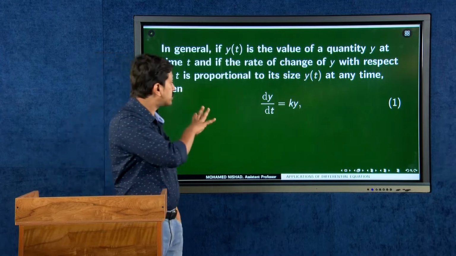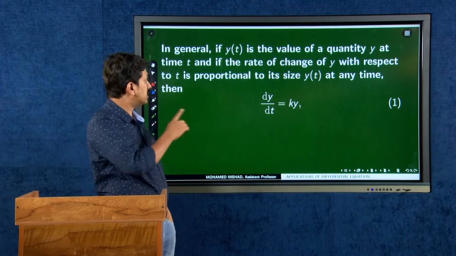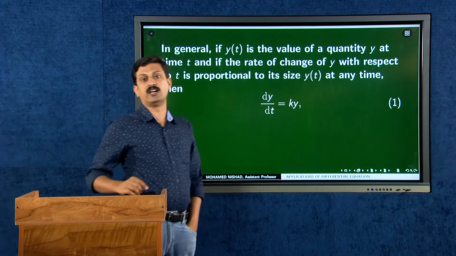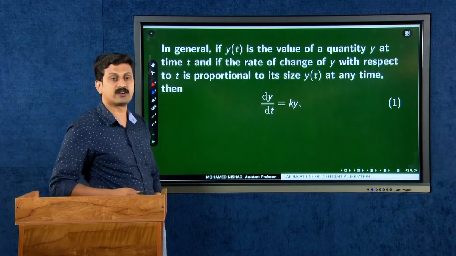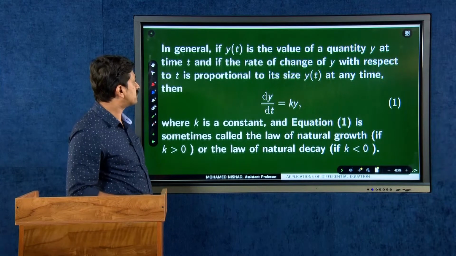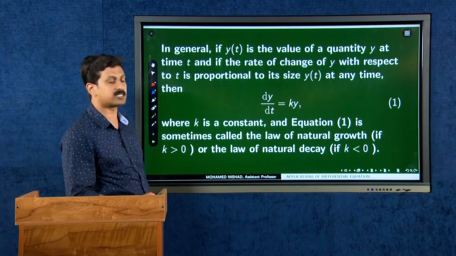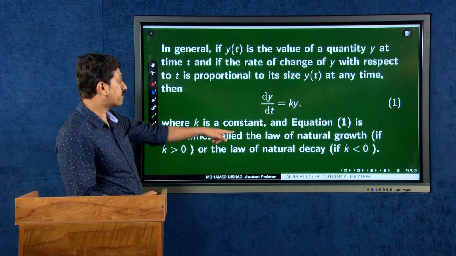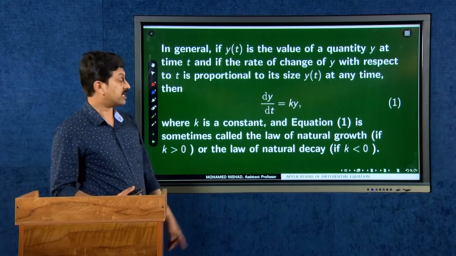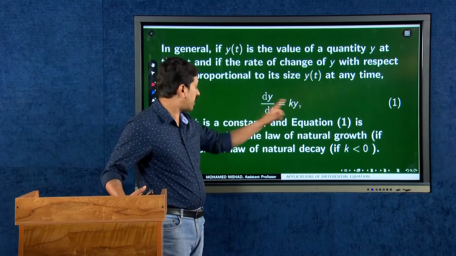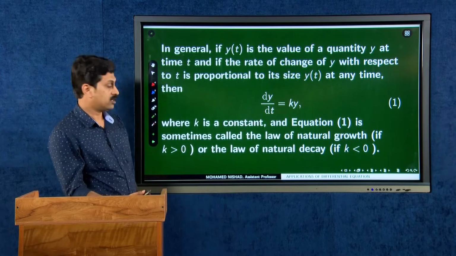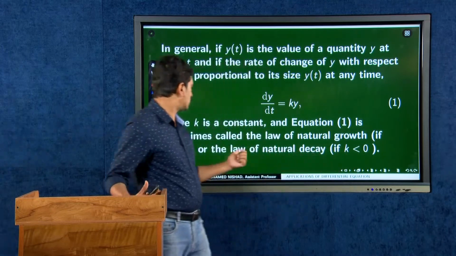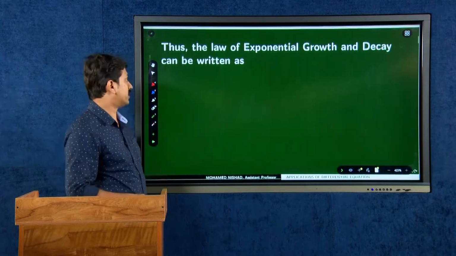This represents growth and decay. It is a differential equation, a first order differential equation, where k is a constant. Equation 1 is sometimes called the law of natural growth if the constant k is greater than 0, and if the value is less than 0, we say that it is the law of decay.